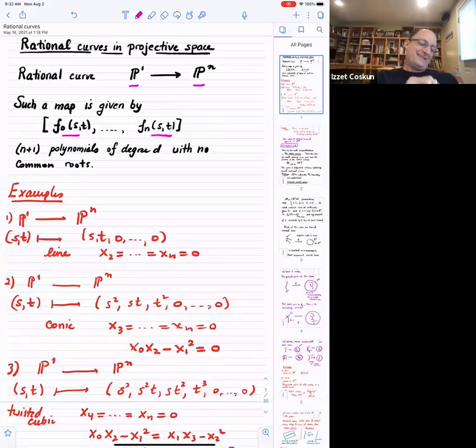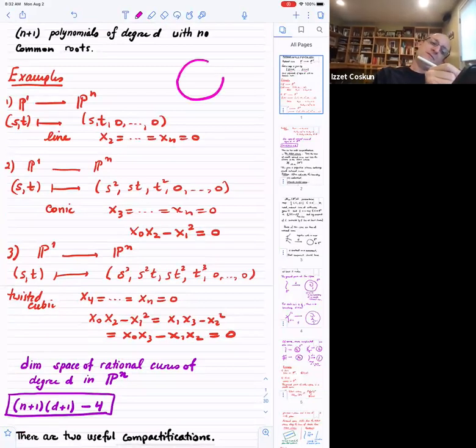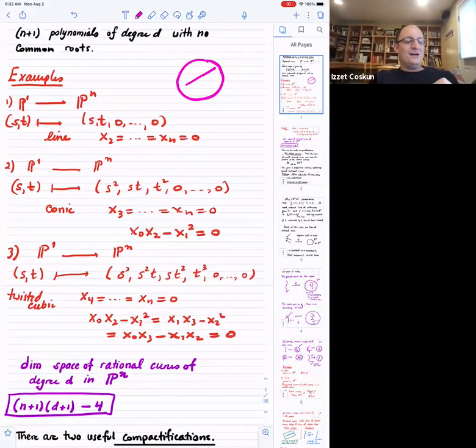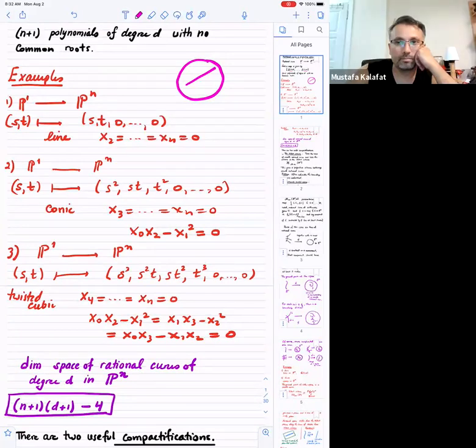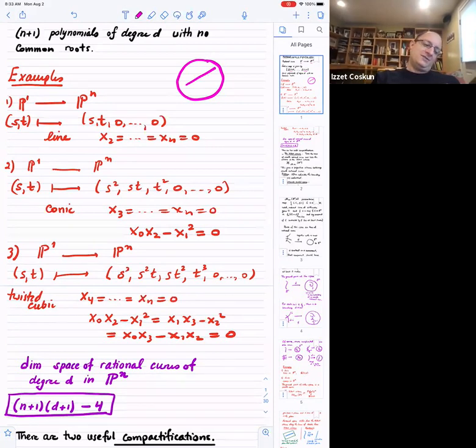So let's do some examples so that we see what we are talking about. The simplest rational curve in projective space, of course, is a line. The way you can think about this is that you send (s,t) to (s,t,0,...,0). And then that's the line x2 through xn equals 0. You can have a conic, right?